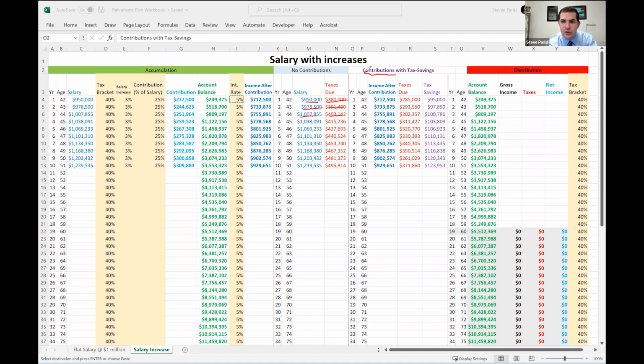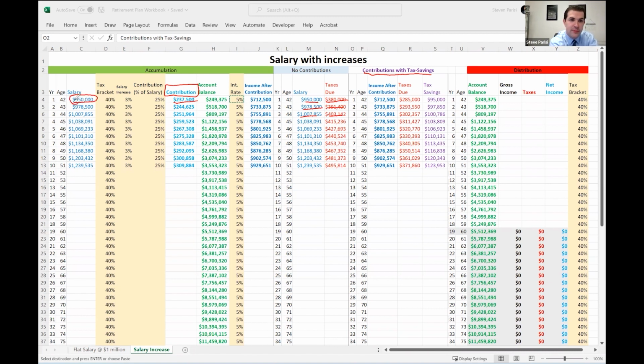Compared to this, contributions with tax savings. This is going to assume that you contribute money over here in light blue into this qualified plan. So if $237,000 went into the plan, that's $237,000 you do not need to pay in income tax this year.